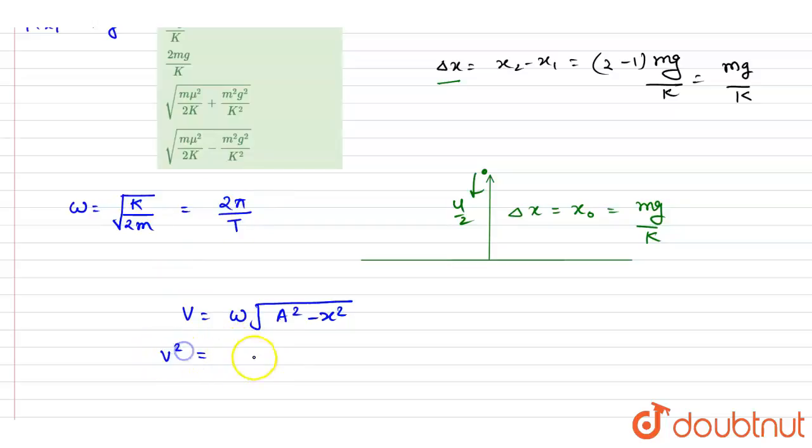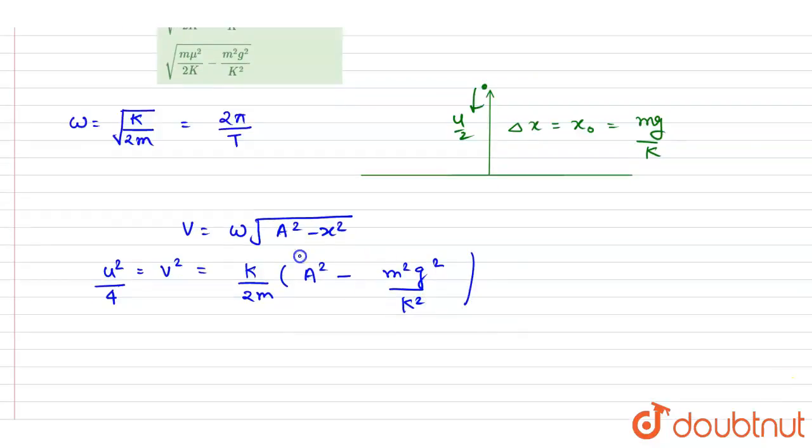So I will write down v squared equals, and for v squared you can put the value, it is u squared by 4. X you can see it is this. So I will write down a squared equals, and if you see, this will get cancelled out by 2, so it is 4 and it is 2.